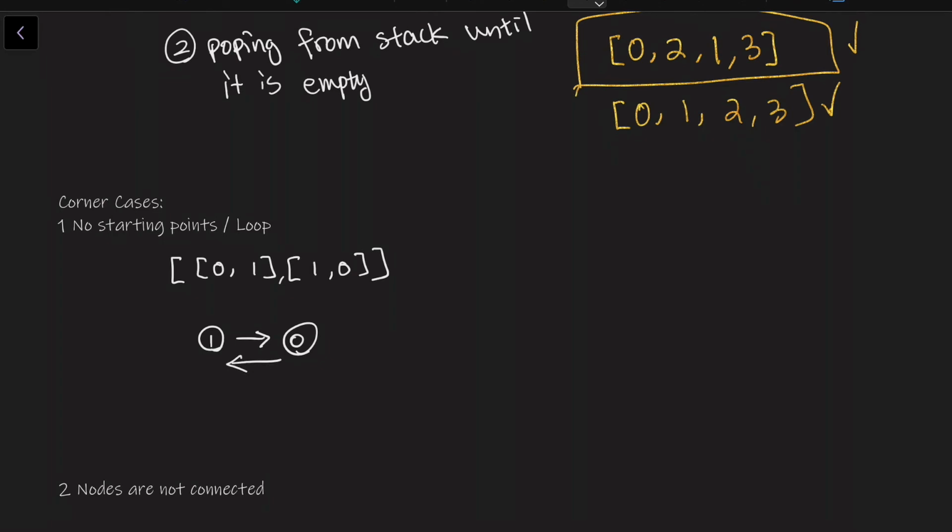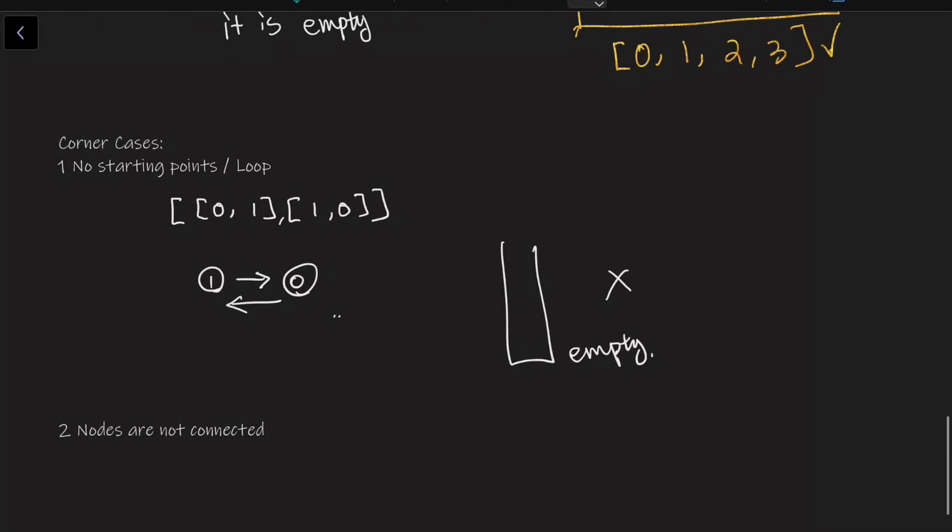In this case, we can't find the starting node because both of the nodes have an incoming edge and an outgoing edge. So in this way, our stack is always going to be empty. So that's invalid because to begin with, you have to have something in your stack.